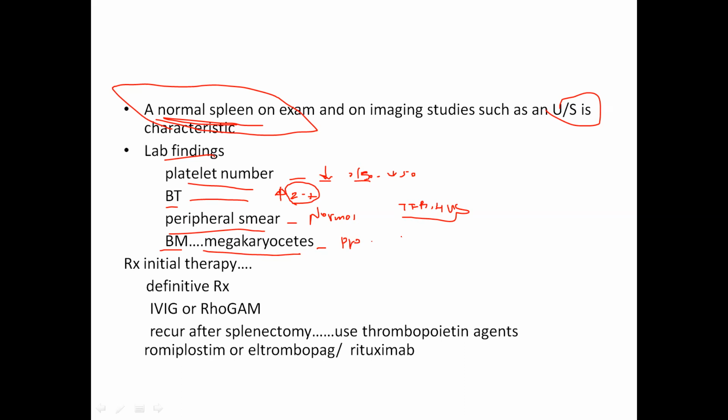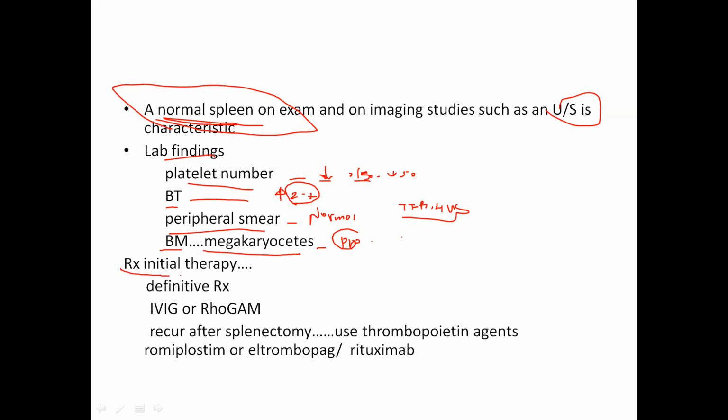There is increased destruction of platelets. Otherwise, the production is fair or normal. So megakaryocytes, which are the main cell in the bone marrow for platelets, are normal or increased in production because of increased destruction.